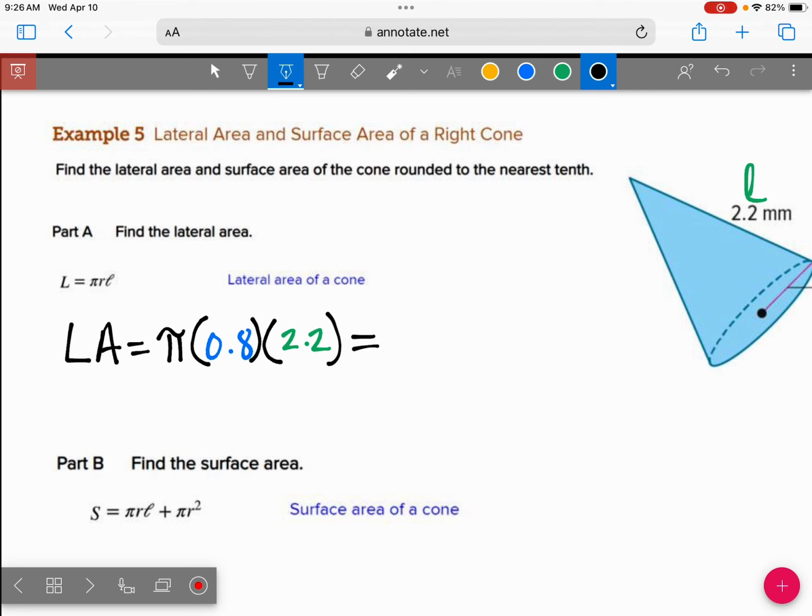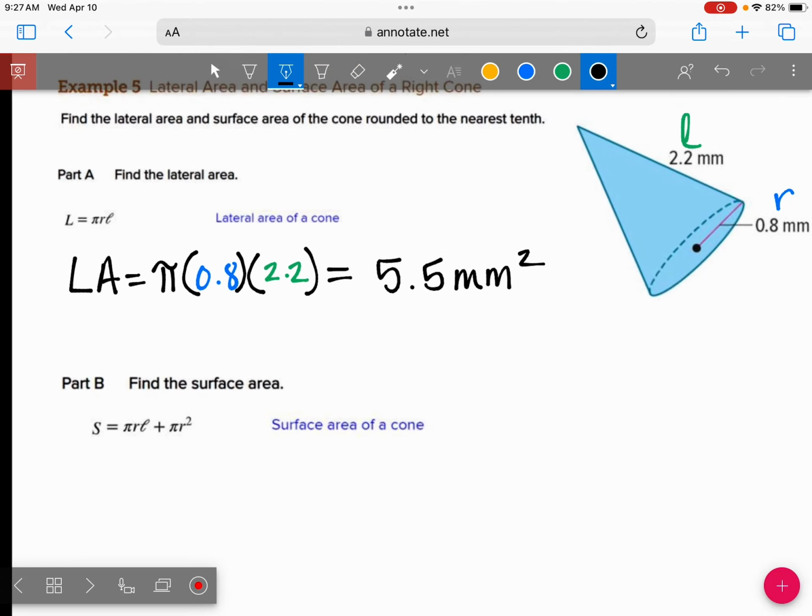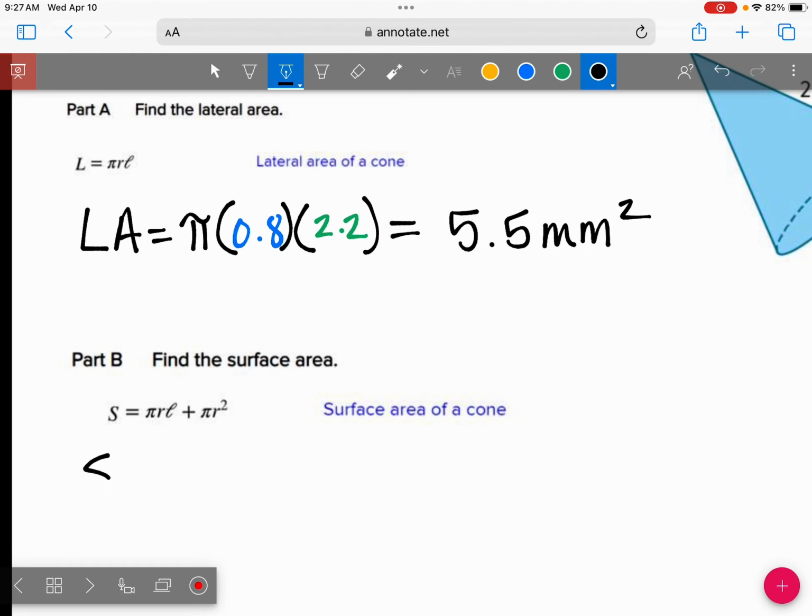Just the cone part, though, not the ice cream. All right, you should get 5.5 millimeters squared. Who got 5.5? Okay.